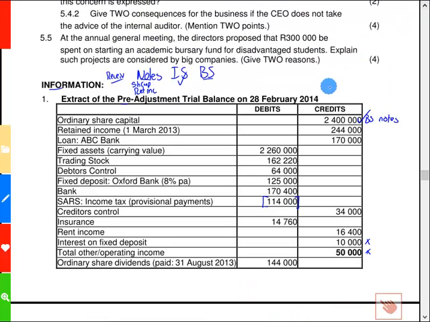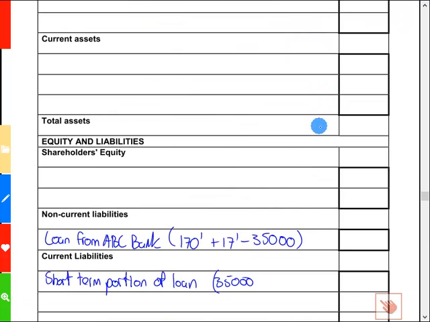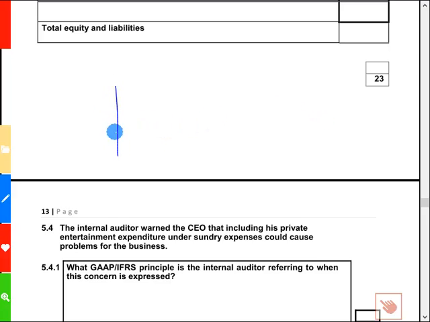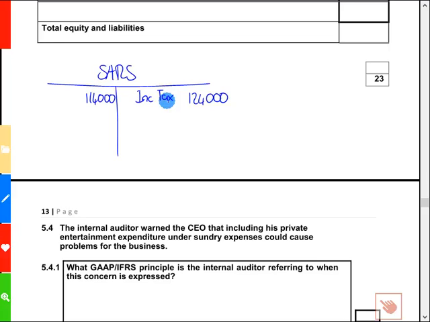So the situation looks as follows. If we draw our SARS T account, we currently have an asset of 114,000 from my provisional payments. Now, when the income tax liability comes through, on which side is that going to go? The credit side, because it's going to increase the amount that we owe to SARS. My details will be income tax expense, a quick revision of company transactions.